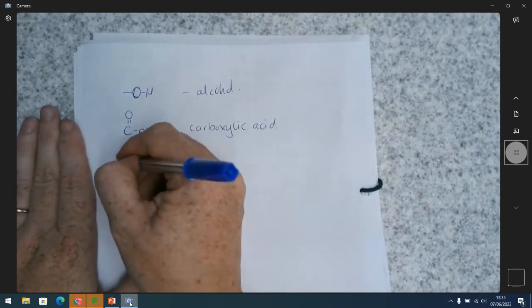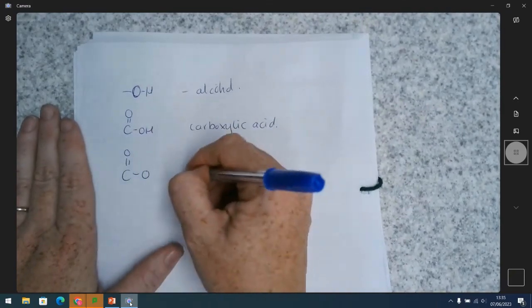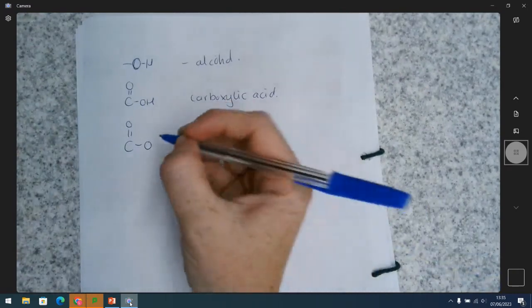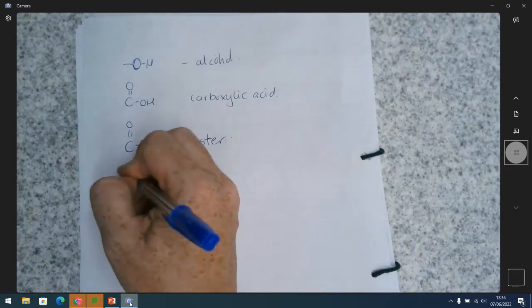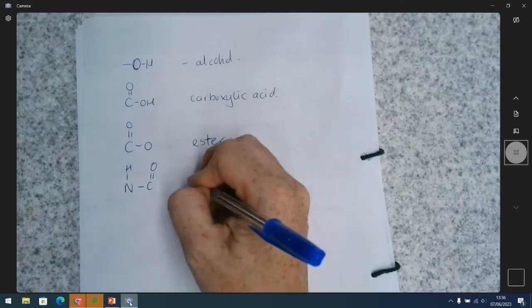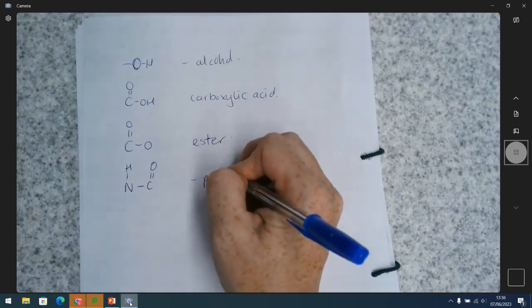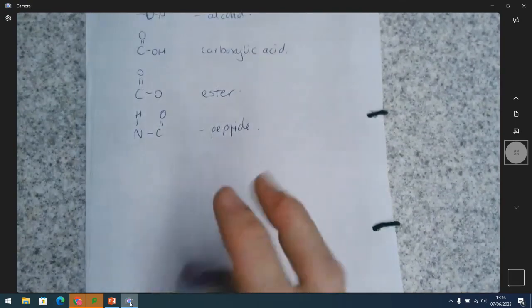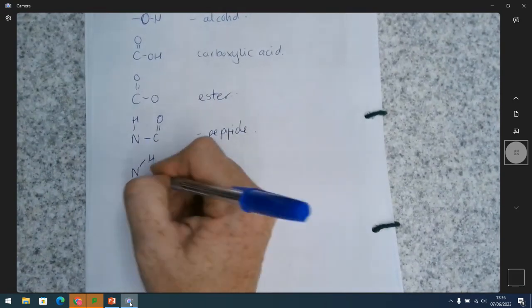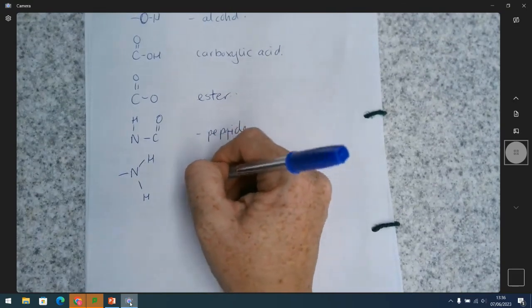You've got your ester link, which looks like that. You've got your peptide link, which looks like that. You've got your amine group or amino group, which looks like that.